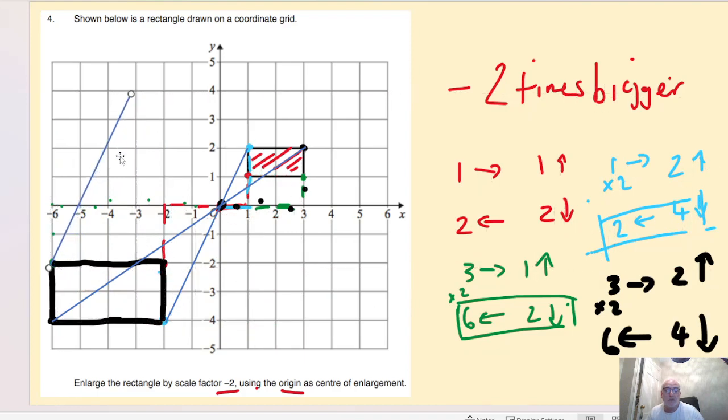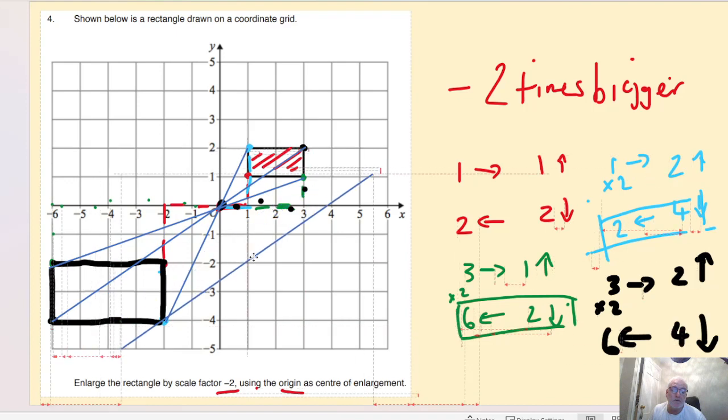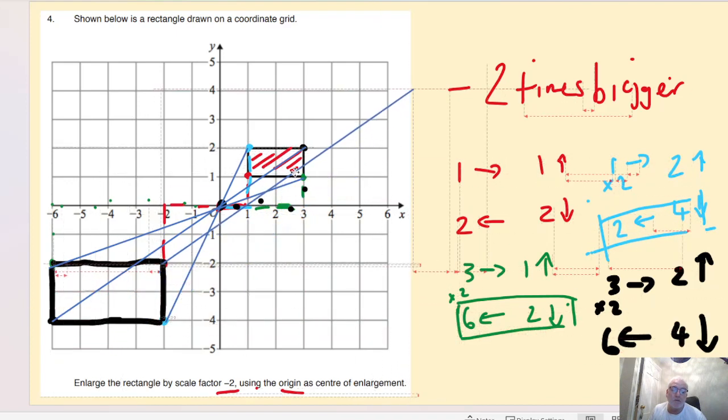And the top one is green to green. And then the final one we're going to go black. Black to black. The only one I haven't done is red to red. And there you go.